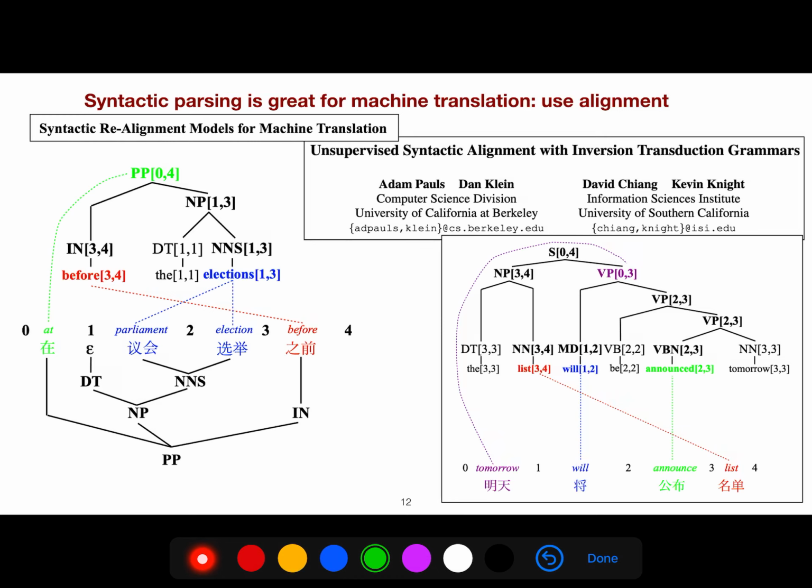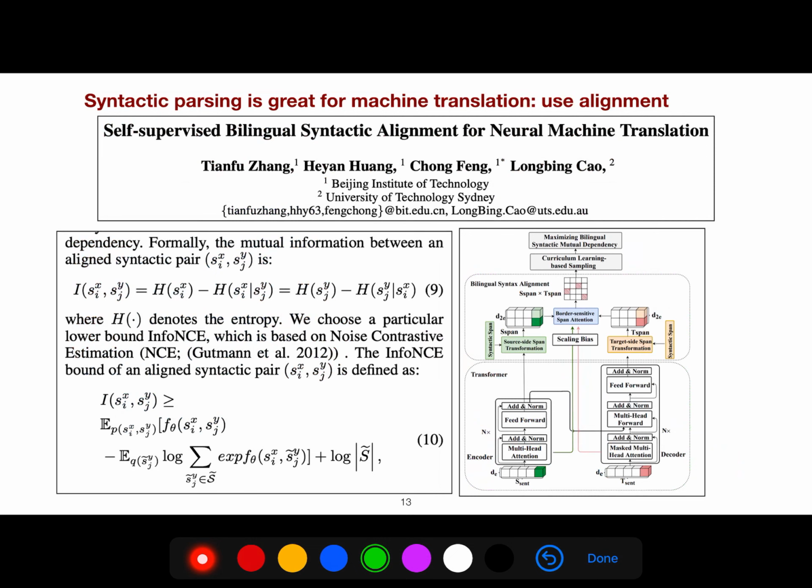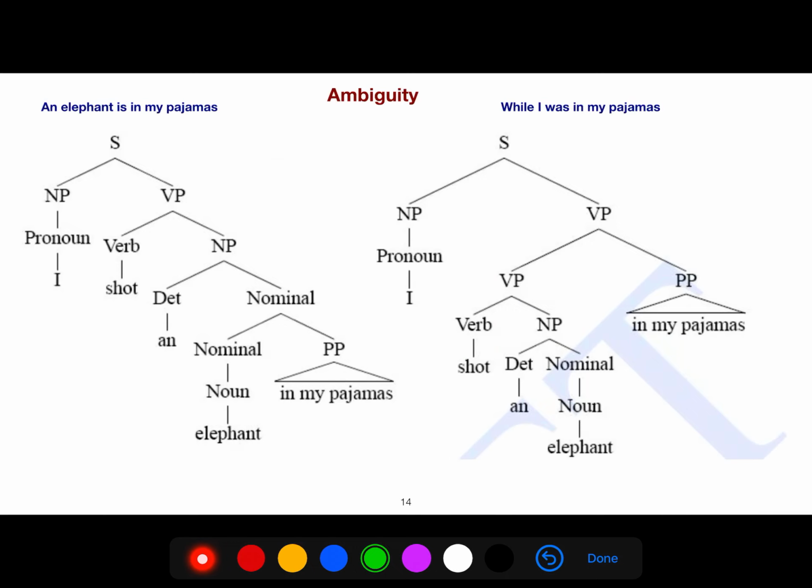You can also leverage the idea of syntactic parsing in order to outperform state-of-the-art models in machine translation or any other tasks, not just machine translation. There are lots of beautiful articles that use this as leverage for improving the results of machine translation.